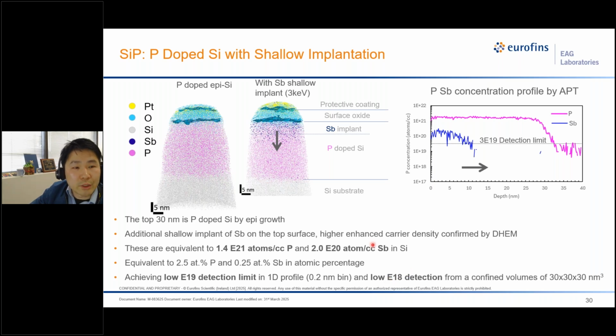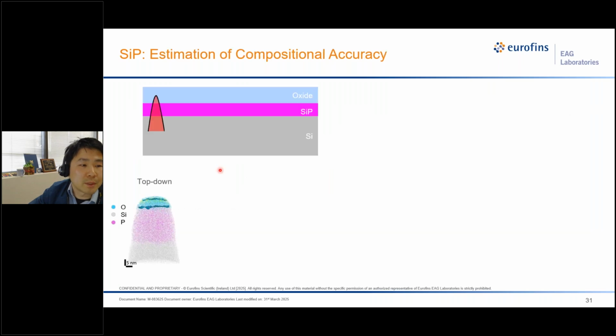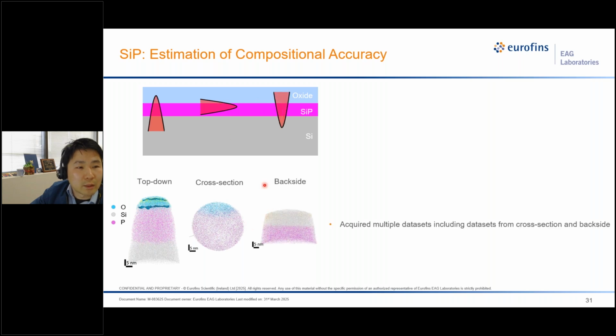There are also some questions about whether the analysis direction will alter the dopant measurement. To confirm that, we performed a top-down orientation and a cross-section with the sample running along the layer, along the silicon phosphide, or in a backside orientation, to confirm the phosphorus concentration in different orientations.